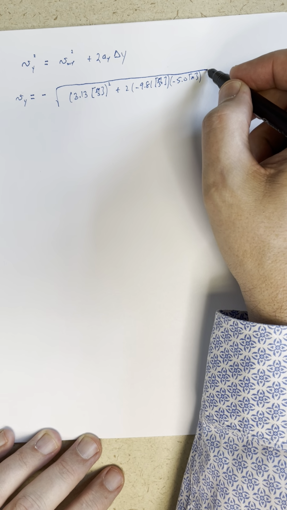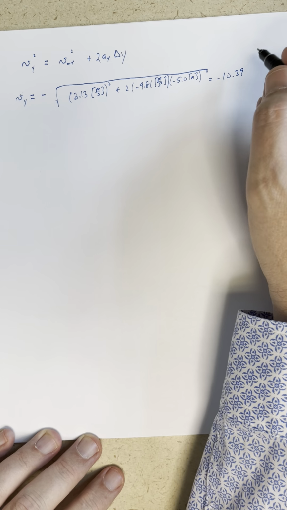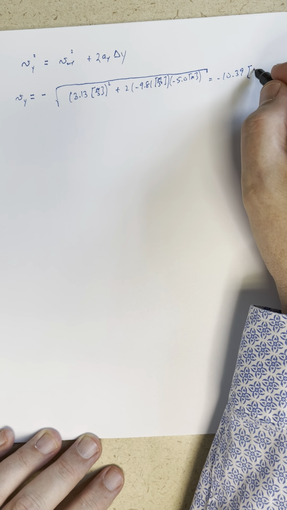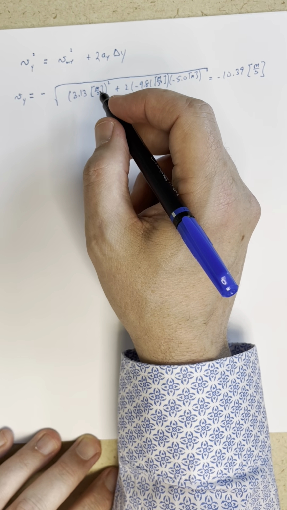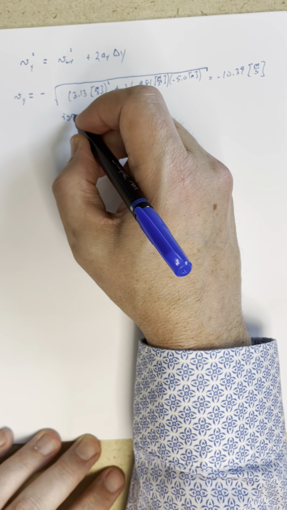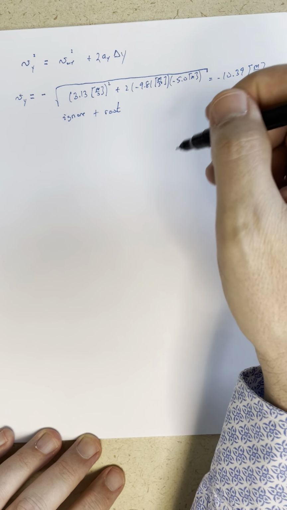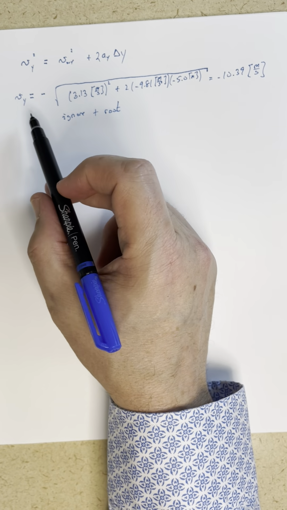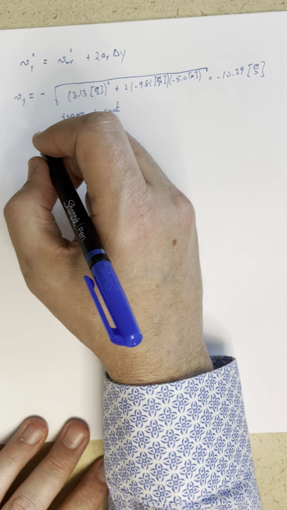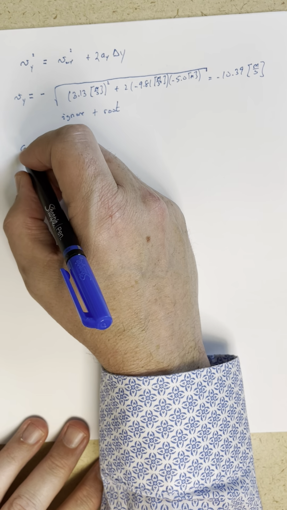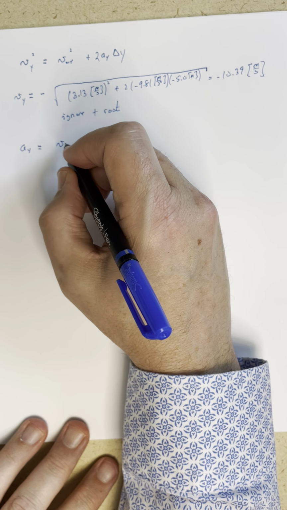That's all under a radical, minus 10.39 meters per second. And I can just ignore the positive root because we're concerned with the cylinder falling down. Once we have the final vertical velocity, we know the vertical acceleration is due to gravity, so now we can find the time.